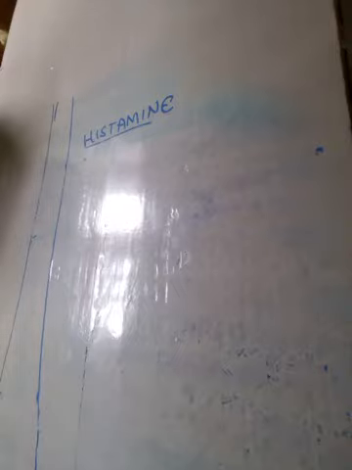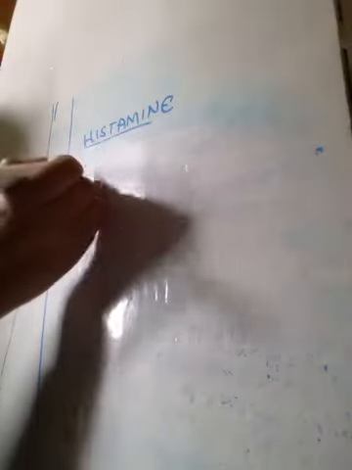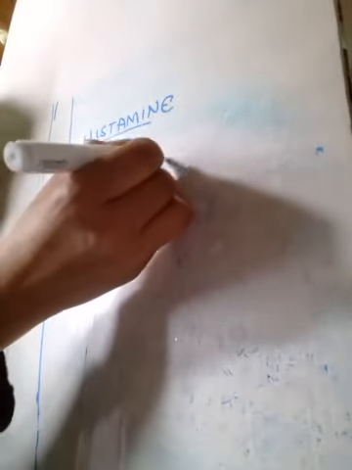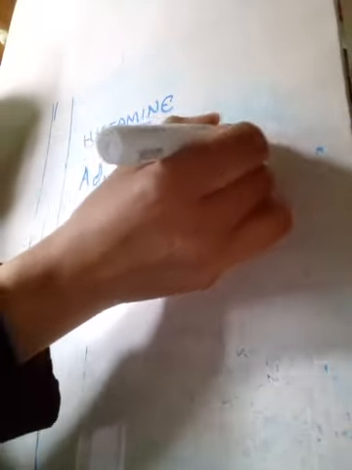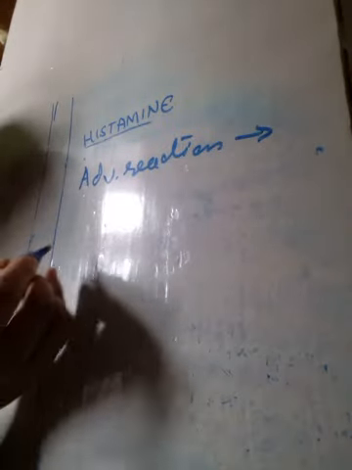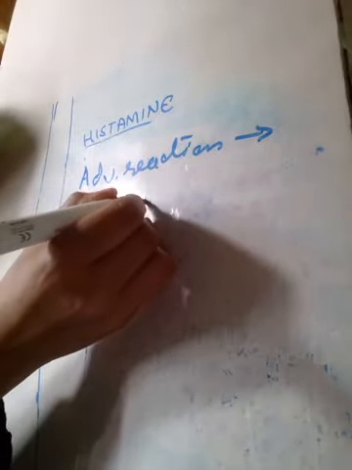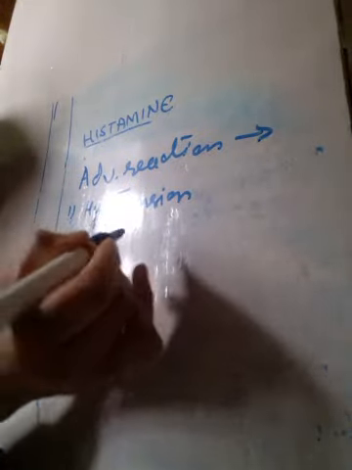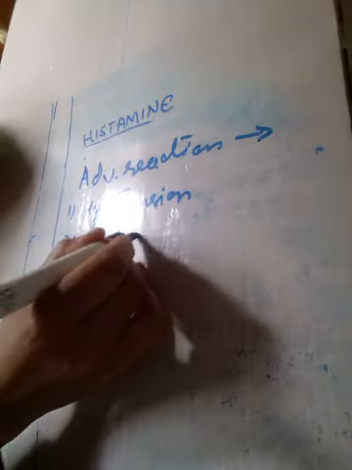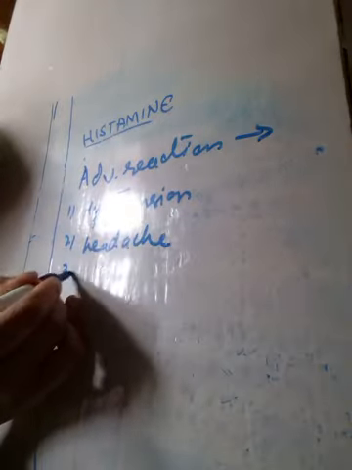Now coming to the adverse reactions. Histamine shows a number of adverse reactions. These include, number first, hypotension. Number second, headache. Number third, visual disturbances.